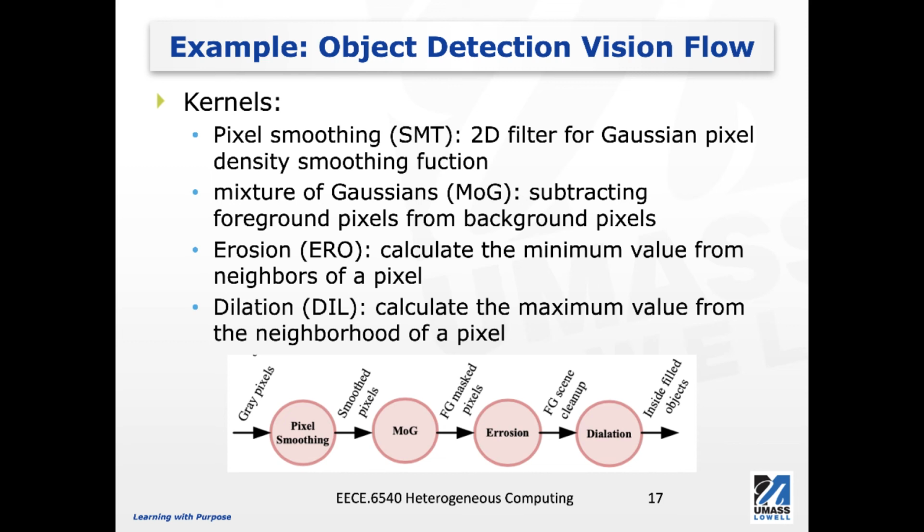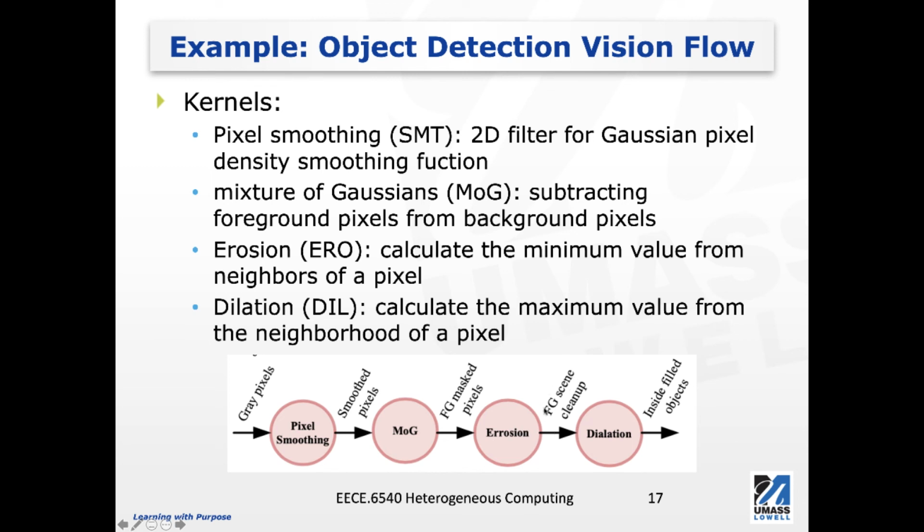The figure below shows how these pixels and the intermediate data are computed and transferred from one stage to another. Essentially, the smooth pixels coming from the pixel smoothing will be inputs to the mixture of Gaussian stage, and these foreground masked pixels will be sent into erosion, and then the foreground scene is cleaned up.